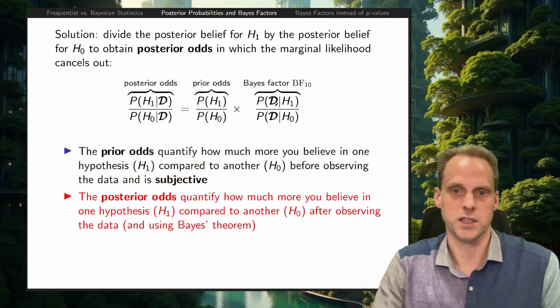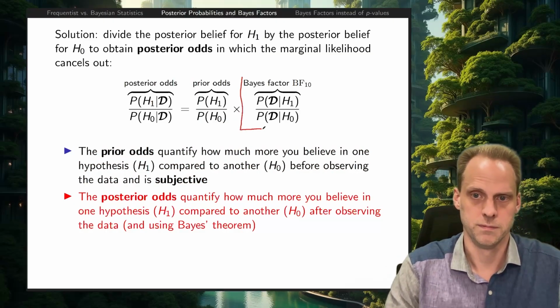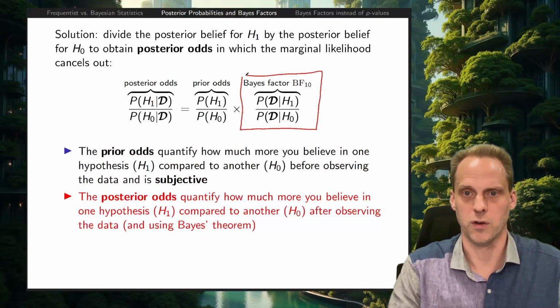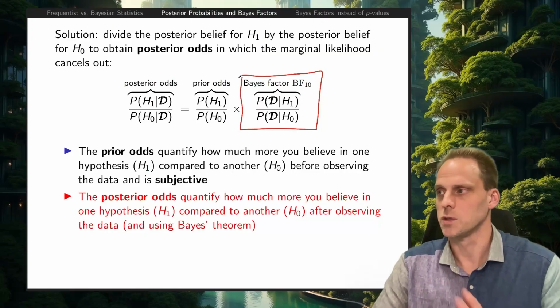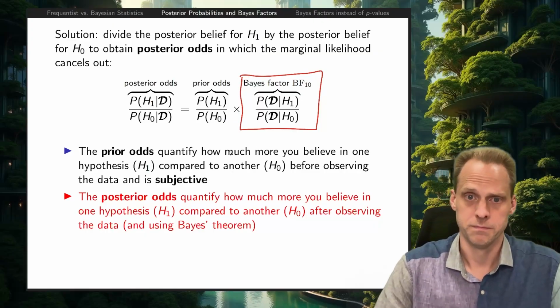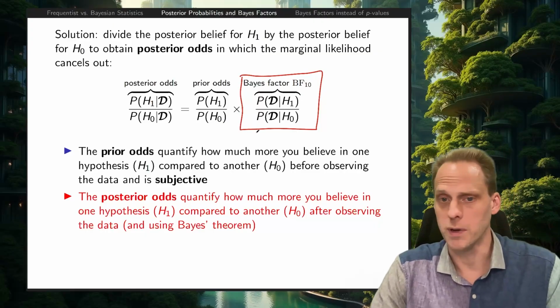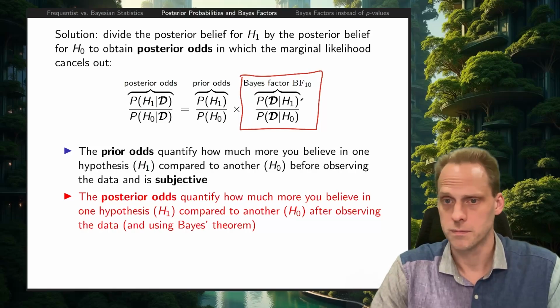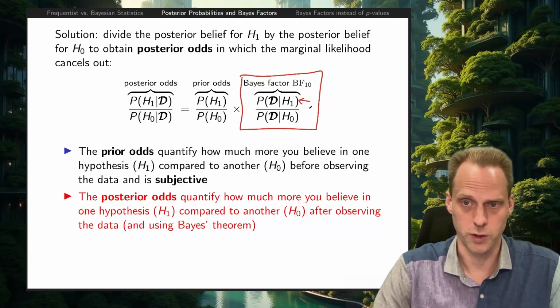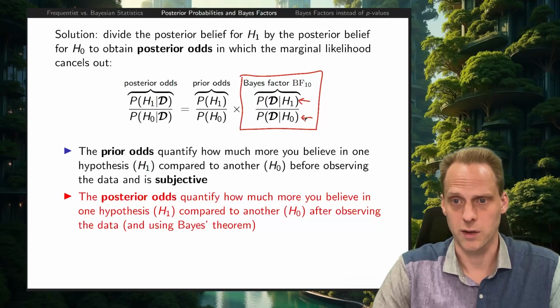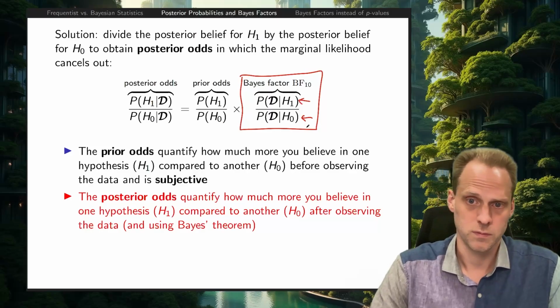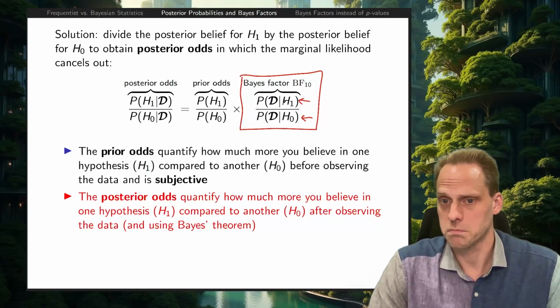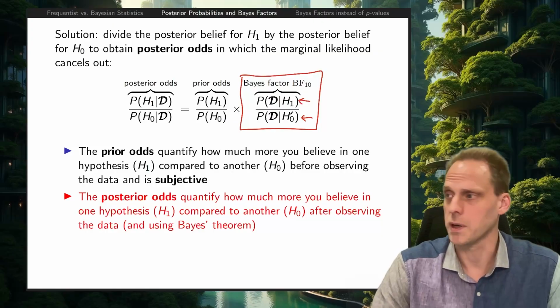The nice thing is that this second part does not rely on something subjective anymore. This is not about a subjective degree of belief in the hypothesis. This is the likelihood. The likelihood according to the alternative hypothesis and the likelihood according to the null hypothesis. The probability of finding the data set given each hypothesis.